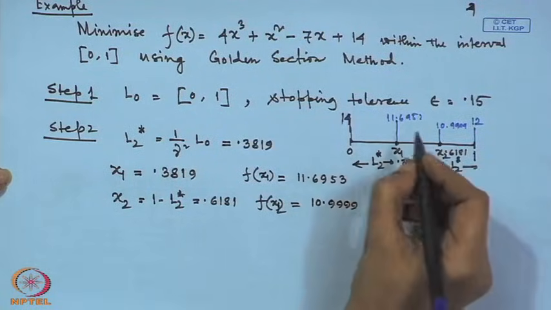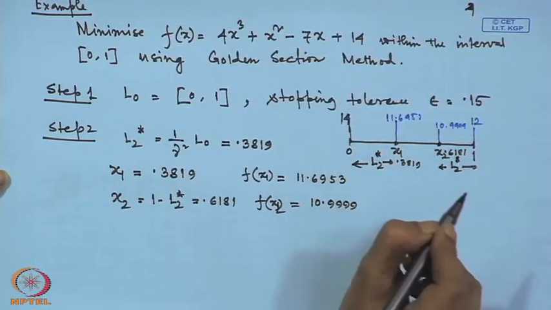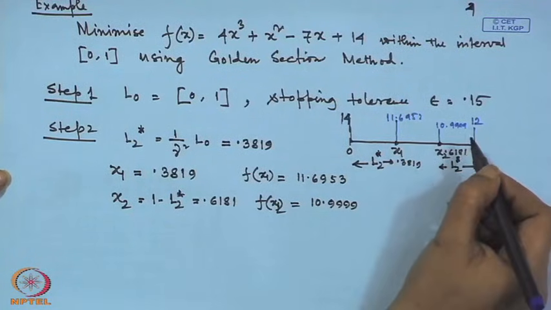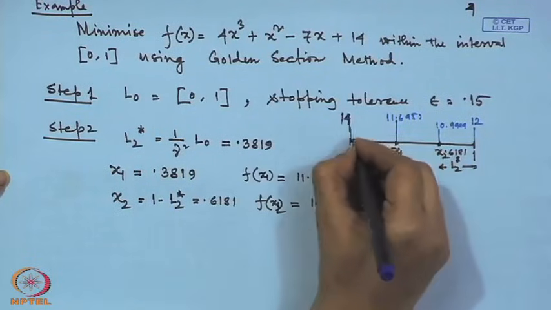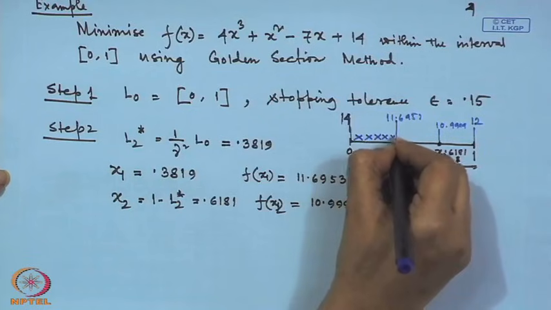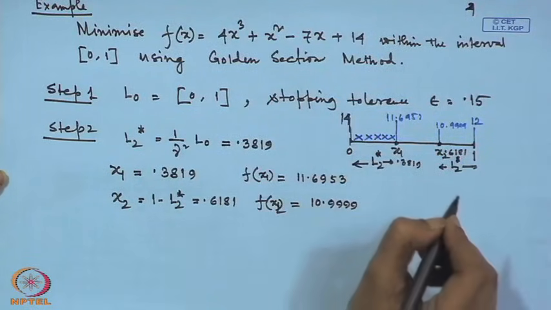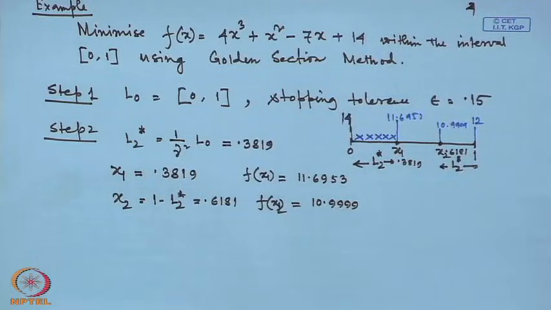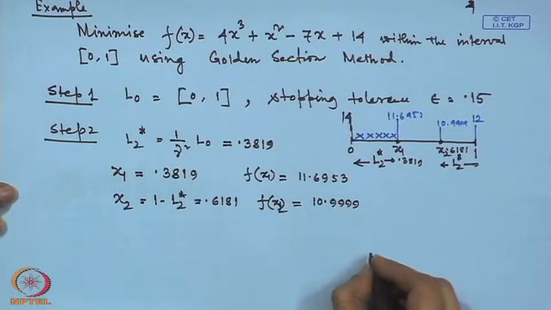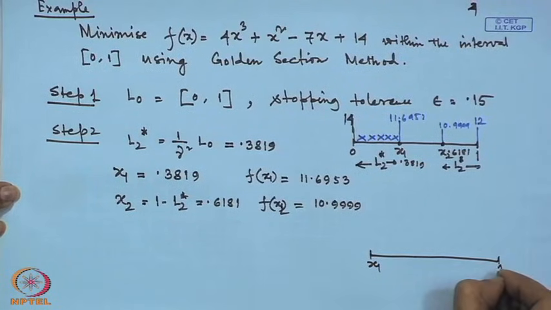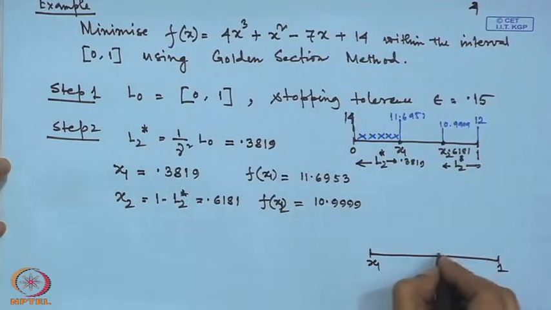Since the function is unimodal and we want the optimal minimum value, we will discard this interval because f(x1) is higher than f(x2). We will discard this interval and my next interval of uncertainty would be x1 to 1, with x2 in between.